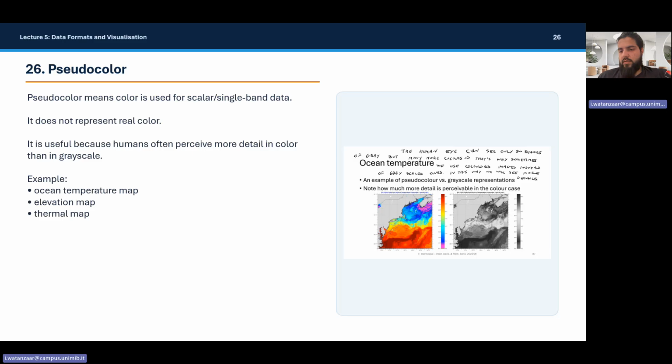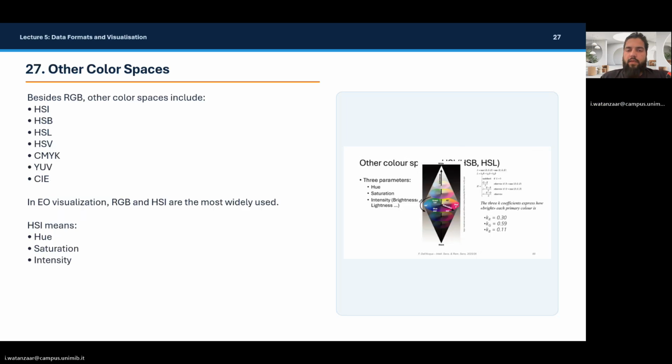Now the pseudo color has colors, but they are not exactly the real colors we are looking for. It is a totally multiple combination, and there is no certain color in this one. Note how much more detail is perceivable in the color case. It depends upon the application how much can be perceived.